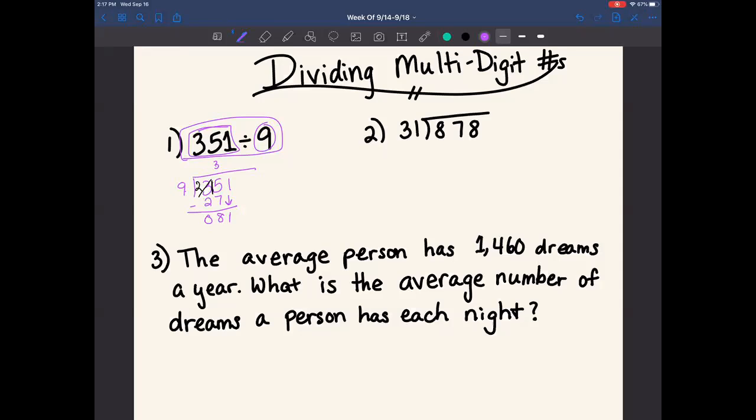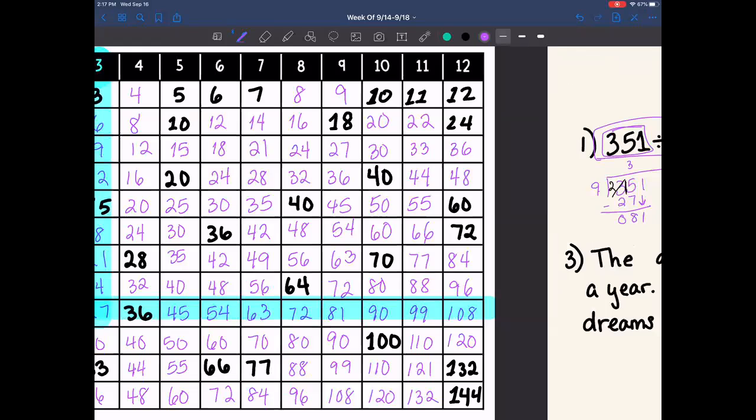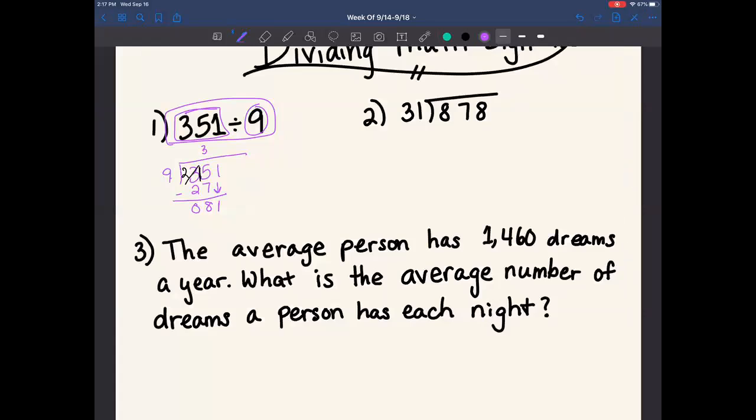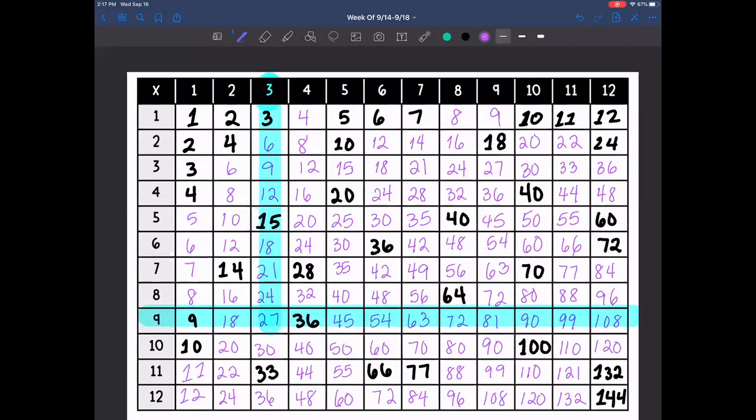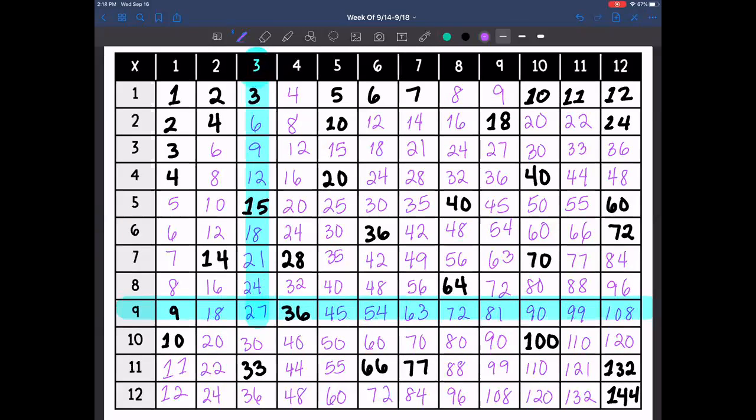All right, so we have 81. I'm going to go back to my table. Now, do I have 81 anywhere in my 9s? Yes. Where? 9 times 9. 9 times 9 is 81.